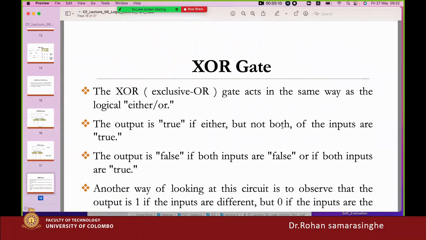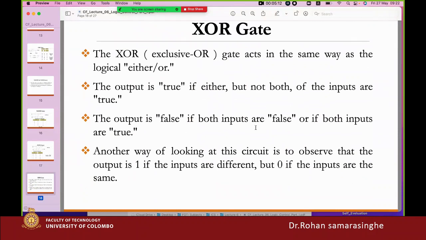XOR gate, normally called the exclusive OR gate. The exclusive OR gate acts in the same way as the logical either-or. Logical either-or. So here the output is true, that is output is 1, if either but not both inputs are true.